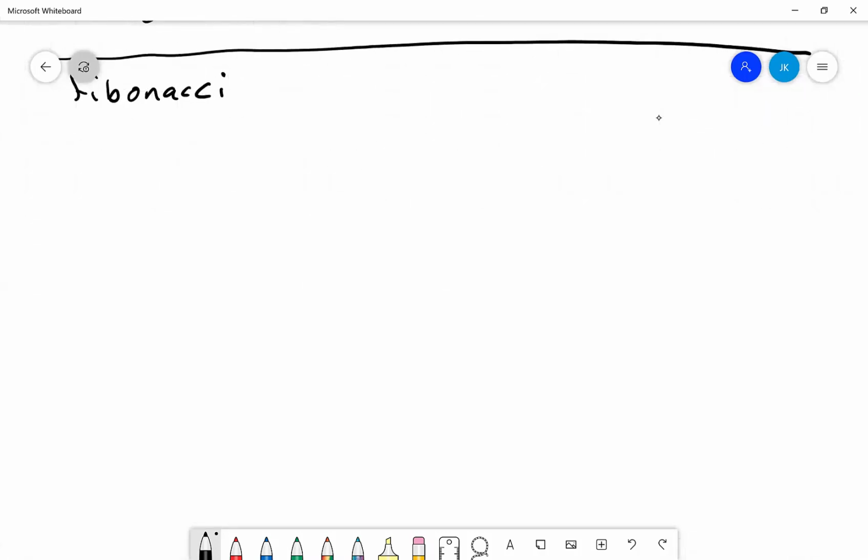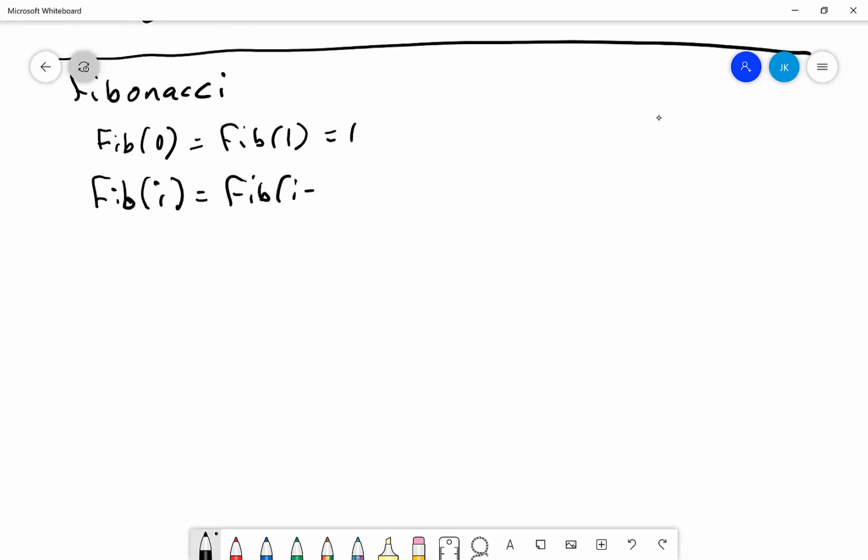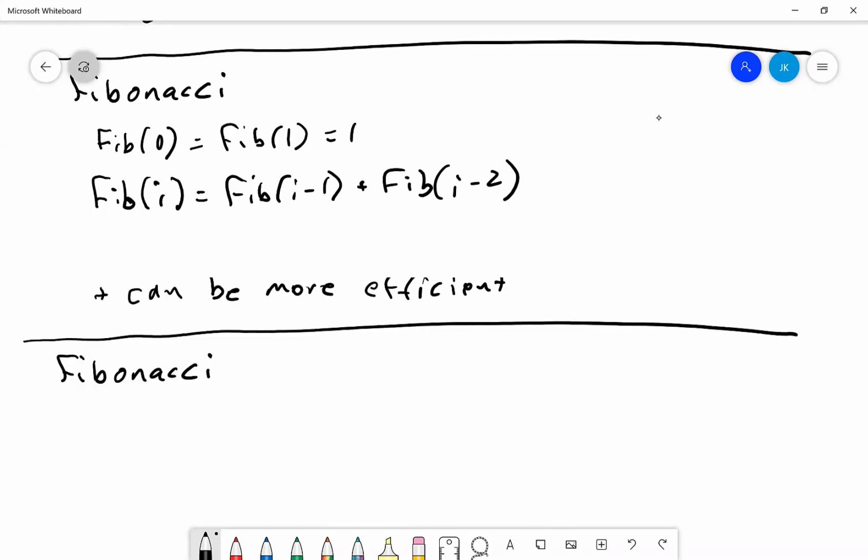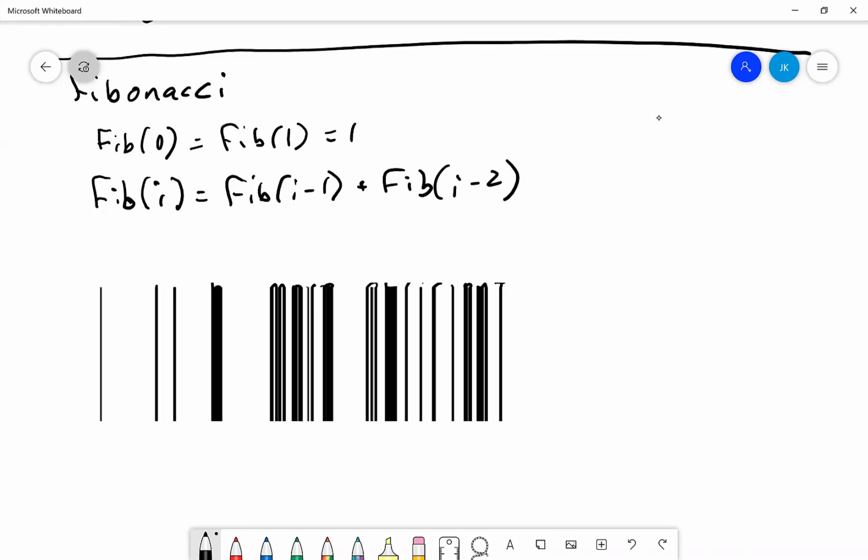If you remember how the Fibonacci sequence works, fib of 0 is equal to fib of 1 is equal to 1, and those are the base cases. Generally, fib of i is equal to fib of i minus 1 plus fib of i minus 2. That's the definition. So fib of 0 and fib of 1 are 1.